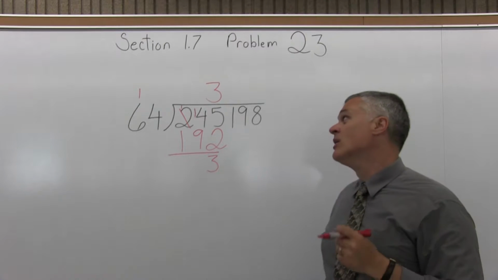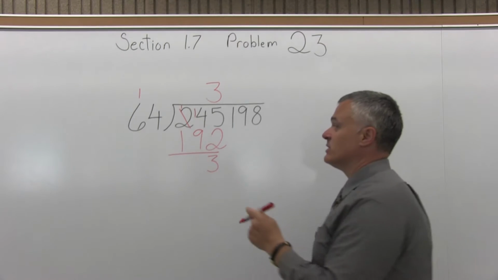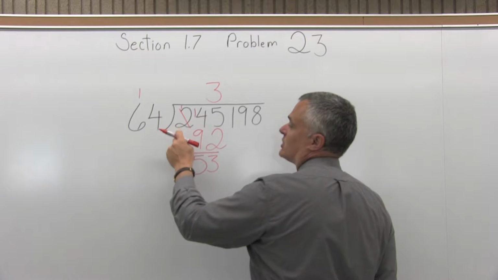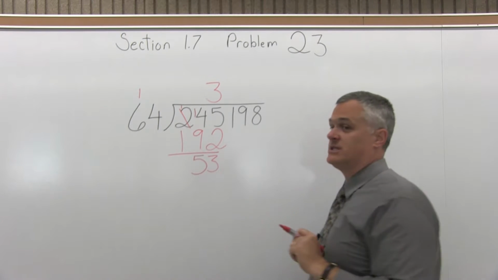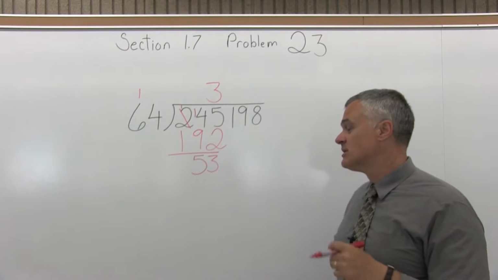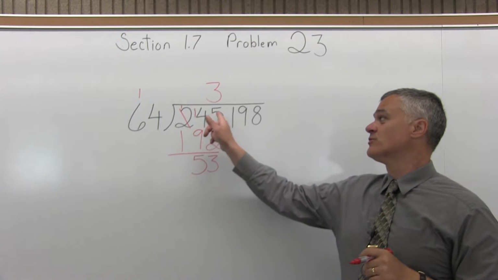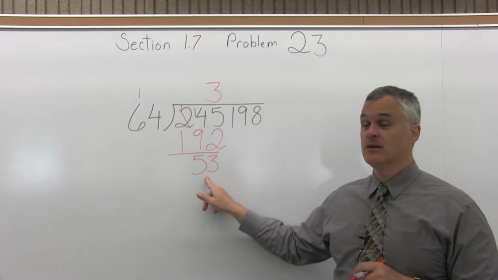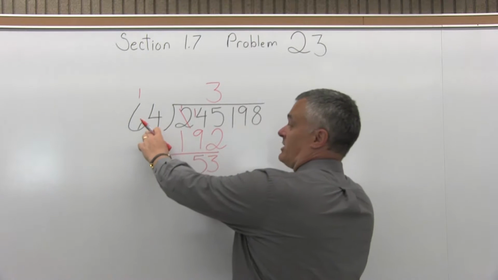So now I look at 14 minus 9, which is 5, and then the last column to the left is 1 minus 1, which is 0, which I don't need to write. So the result of the subtraction, 245 minus 192, is 53, which is smaller than 64.